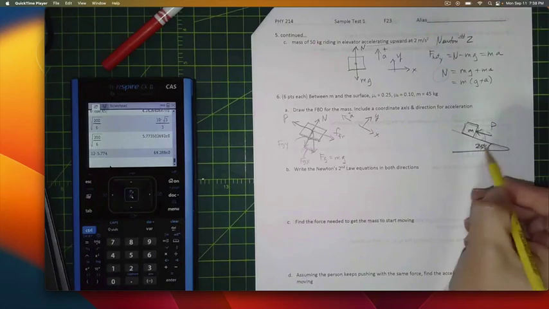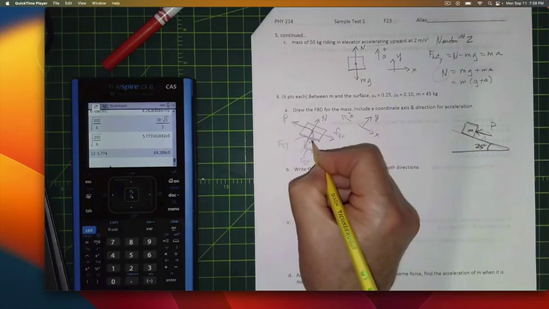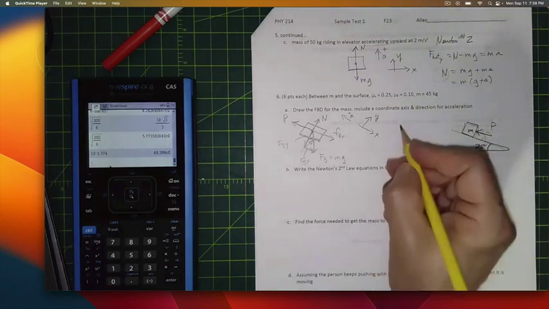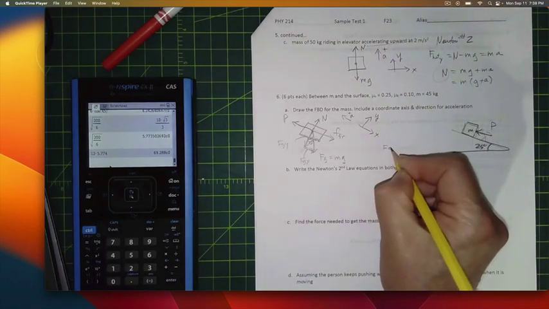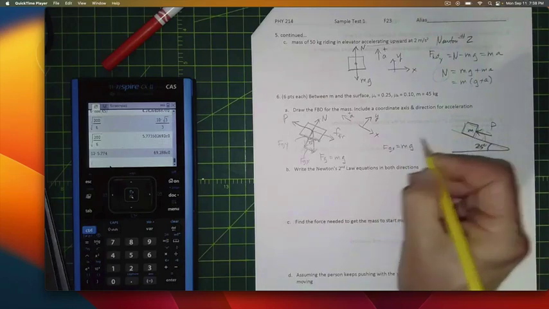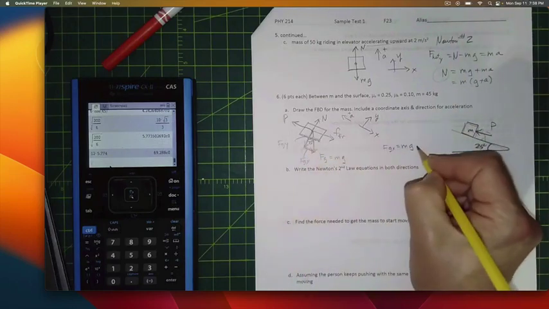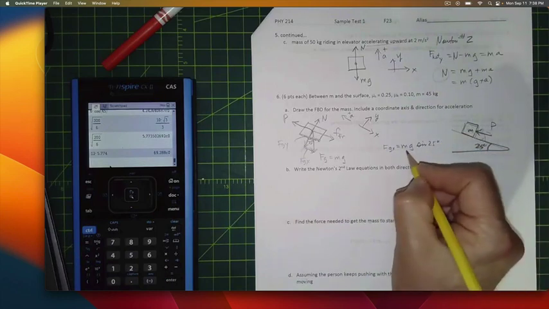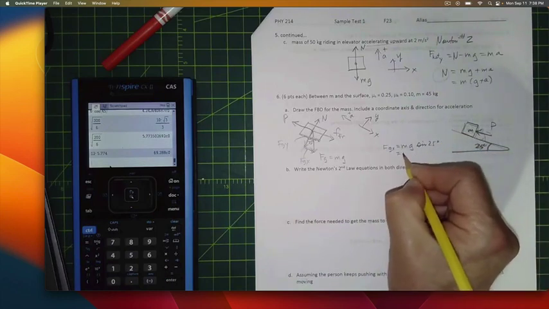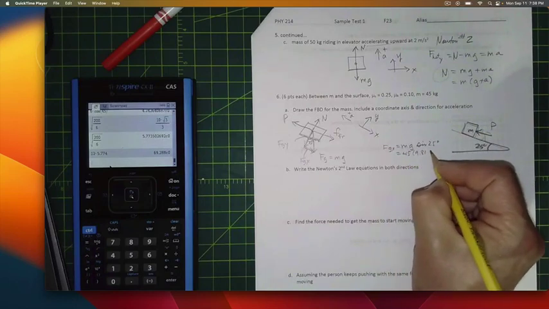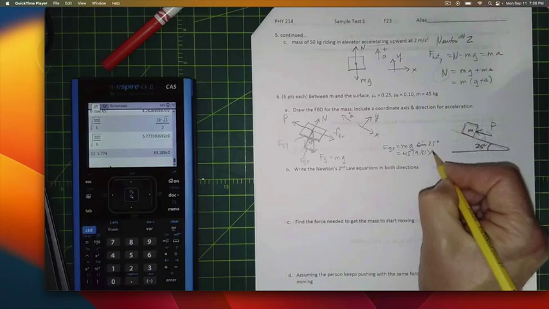When you have a slope like this, the angle becomes the angle inside here. It's 25 degrees. And so we can say F_Gx is mg, x is opposite the angle, sine 25. In this case, we know m, so let's just say that's equal to 45 times g, 9.81, and sine 25.